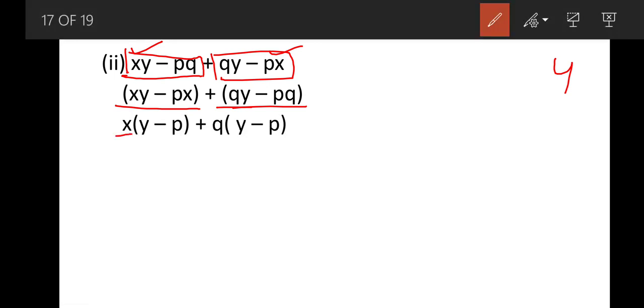What is left? y minus p, plus what is common out of these 2 terms? q. And what will be left inside the bracket? y minus p. Now you can see that y minus p is present here, y minus p is present here. These 2 factors are same, so it means our grouping is correct. If this is not same, then we need to take the minus sign common outside, as we have done in the previous case, or we need to change the grouping.